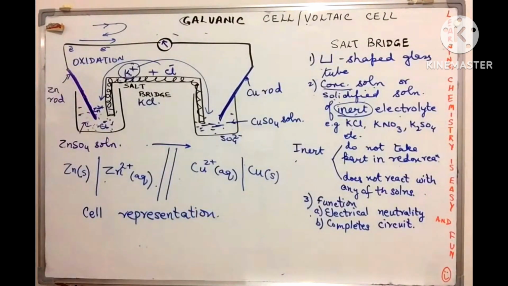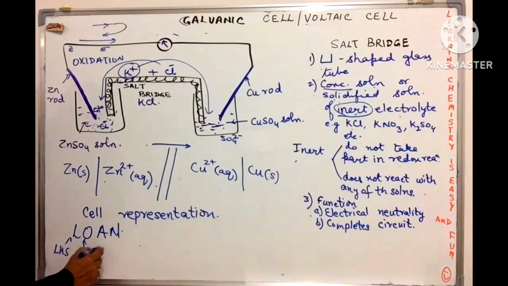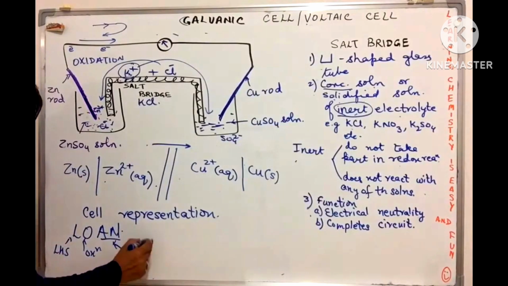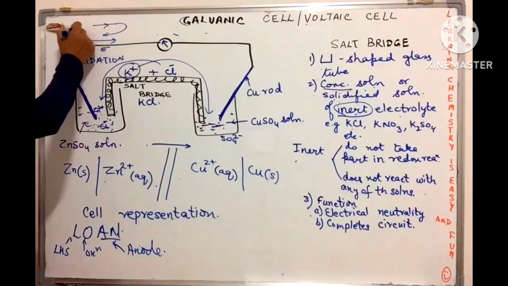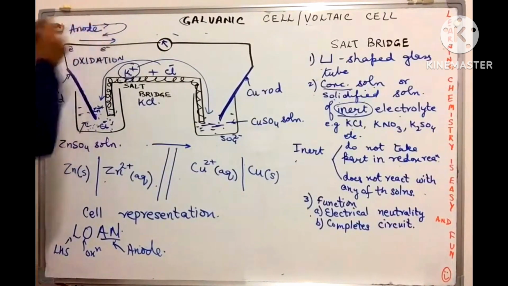representation. In the cell representation, it's LOAN. You remember it by LOAN. Left hand side represents oxidation, and this is called as the anode. So here my zinc half of the cell becomes the anode.